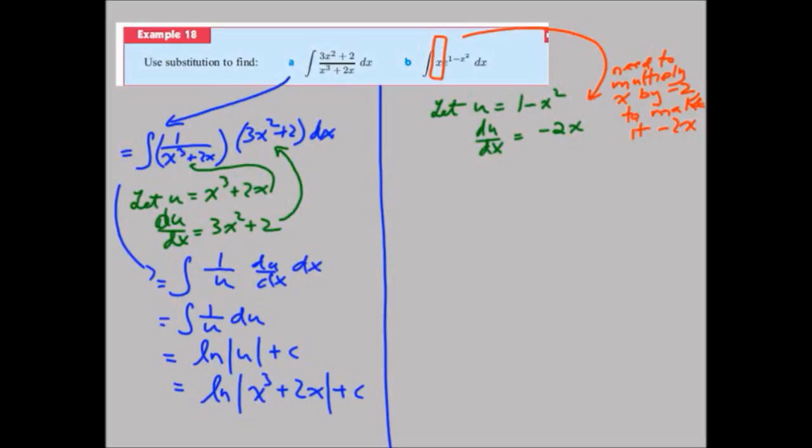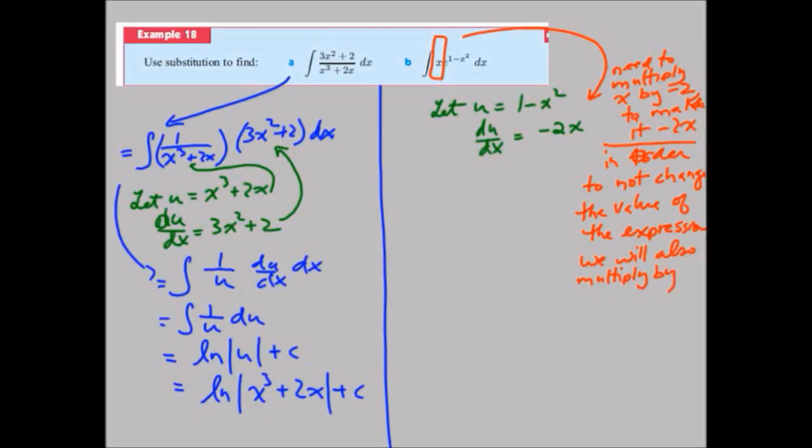All right, but if we multiply by negative 2, we're going to be changing the value of the expression. So in order for that not to happen, we also will multiply by negative 1/2.